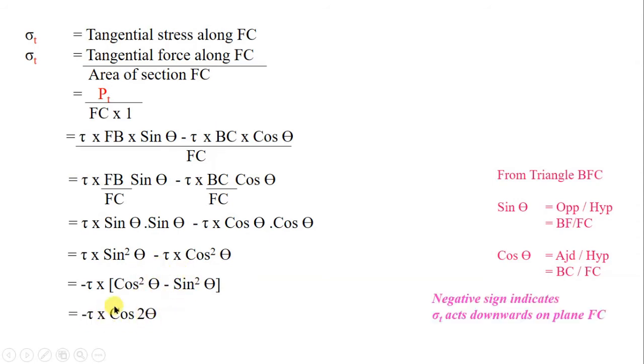So the final answer is minus tau into cos 2 theta. This is equation number 2. Remember equation 1, sigma n is tau into sin 2 theta. Here sigma t is minus tau into cos 2 theta. This negative sign indicates sigma t is acting downwards on plane FC. Is that clear? So this is case 3 of the analytical method.